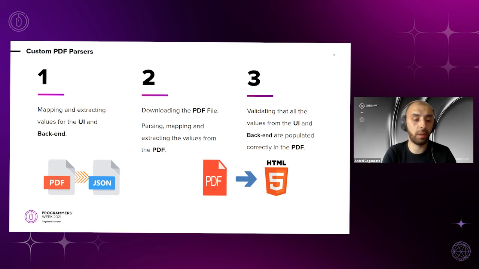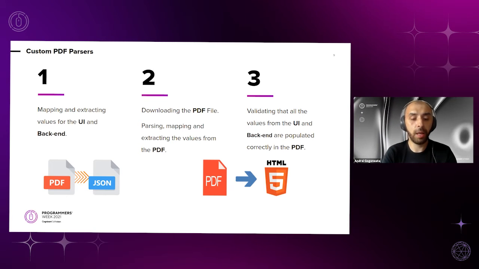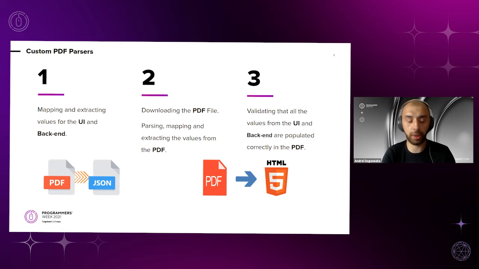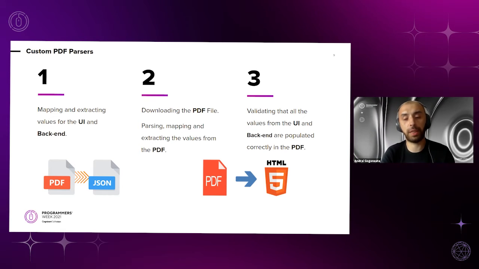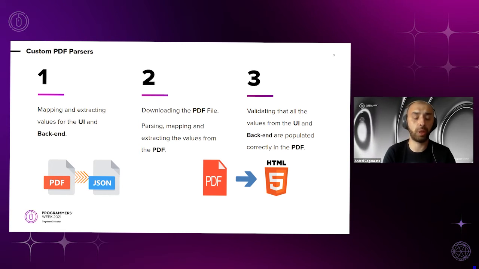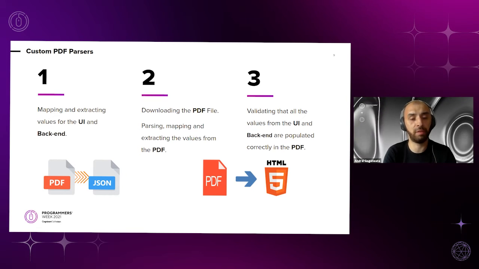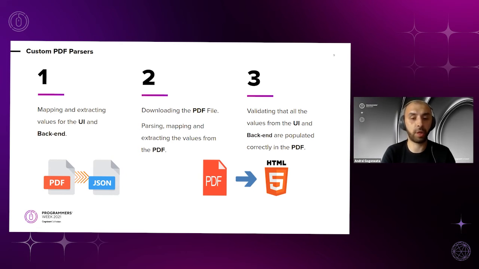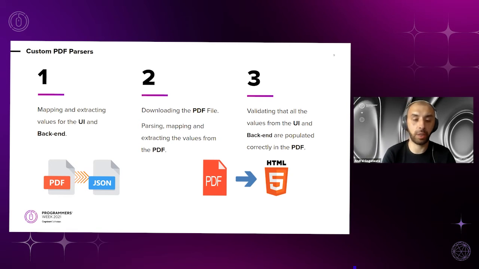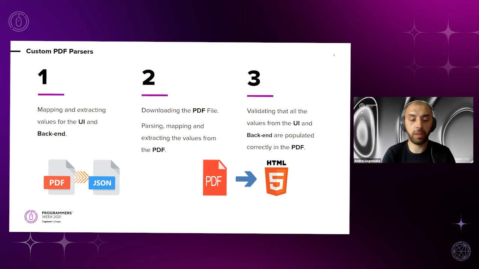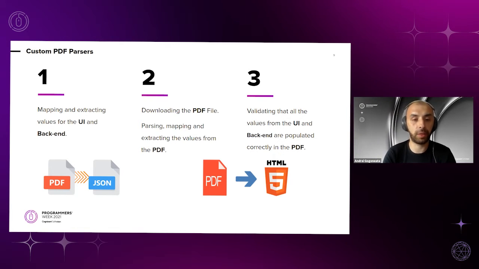In our case, what we noticed is that with some PDFs, like contracts and invoices, the contracts had a standard format, so we could use certain libraries, extract the values and convert them into JSON. But for invoices, since a lot of the calculations and the magic happen in the backend, the PDF file is generated differently.